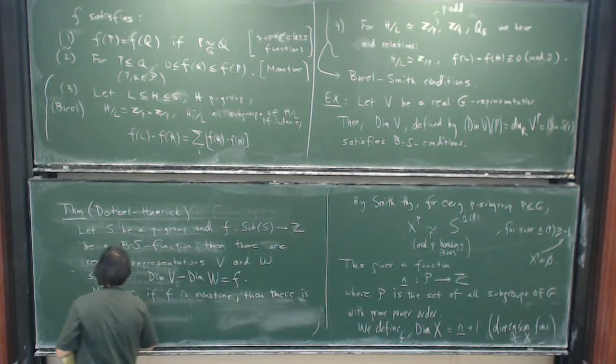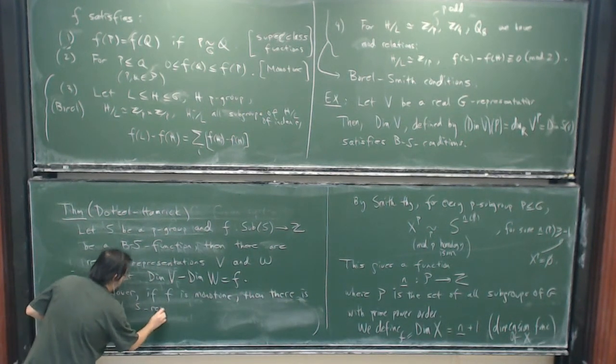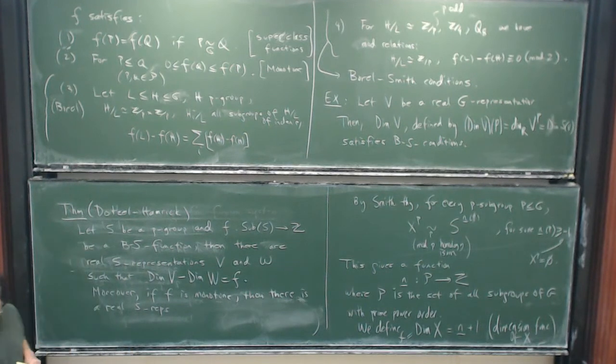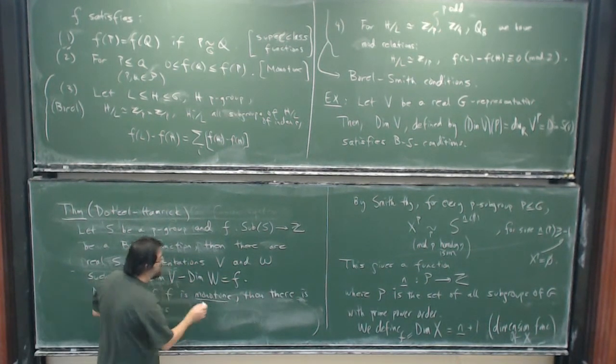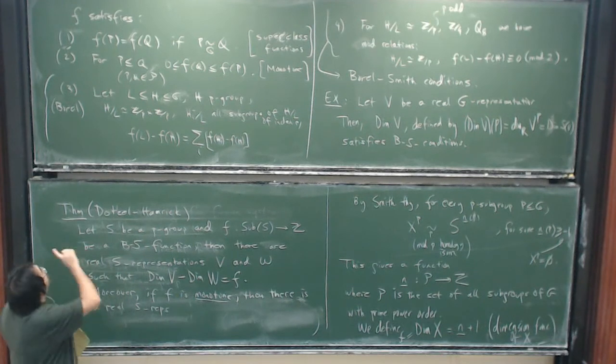There is a real representation. Yeah, I take it out so that I can state them separately. Yeah, condition 1 is part of it. So it's always a superclass function, yes. So condition 1 is always part of it.